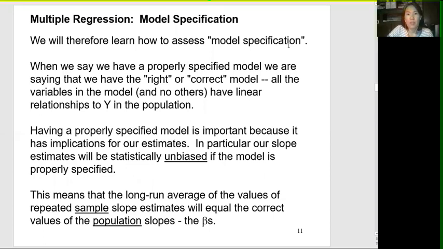Model specification. When we say we have a properly specified model, we are saying that we have the right or correct model. All the variables in the model have a linear relationship to Y in the population. Having a properly specified model is important because it has implications for our estimates. In particular, our slope estimates will be statistically unbiased if the model is properly specified. This means what?